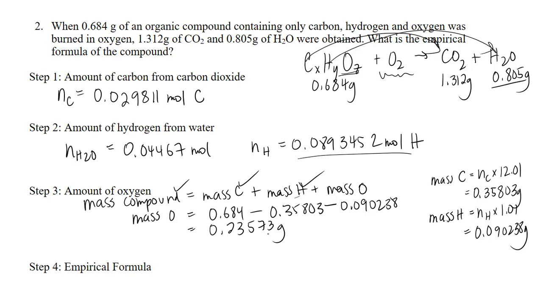Just carrying again lots of significant digits, so that when I get to that final step, I get some nice whole numbers. So my mass of oxygen is there, but to determine my empirical formula, I need the moles of oxygen. So I'm going to divide it by the molar mass of oxygen, which is 16. So my moles of oxygen is 0.014733.